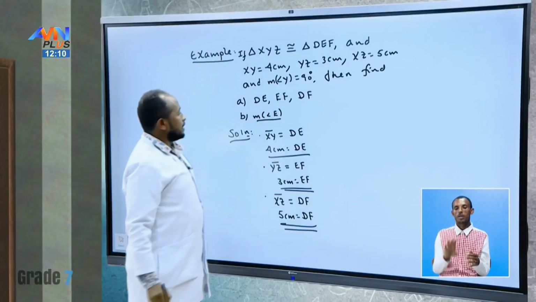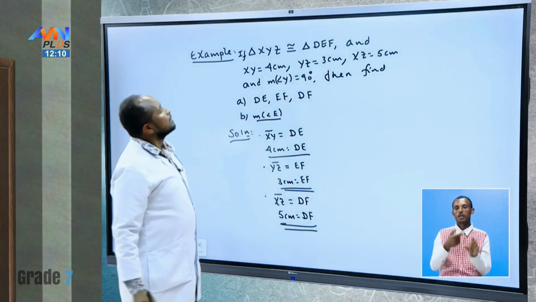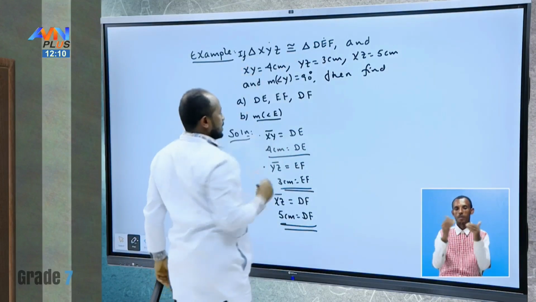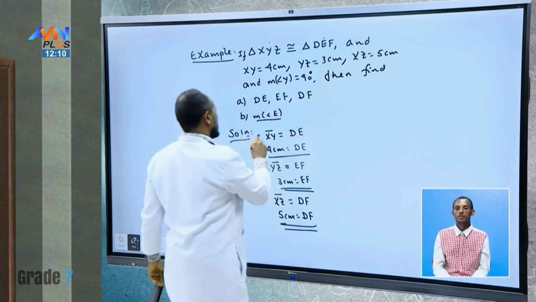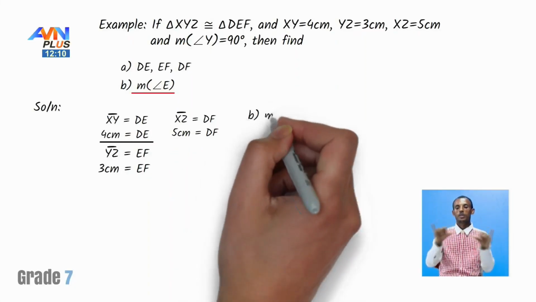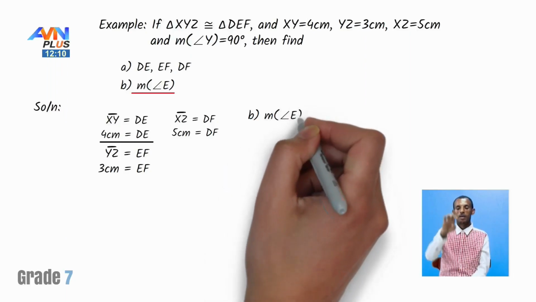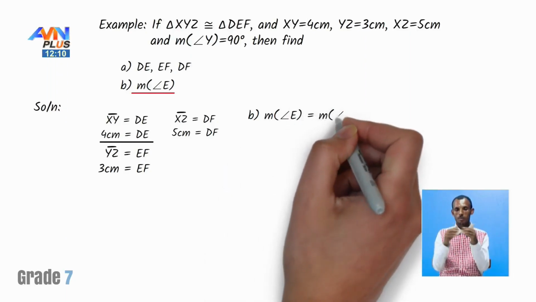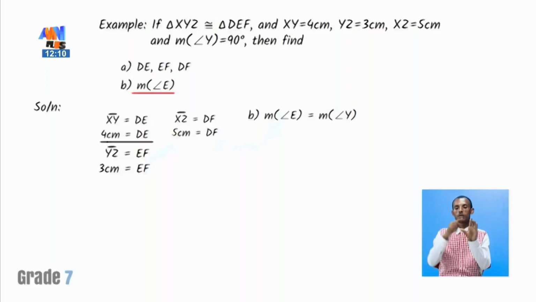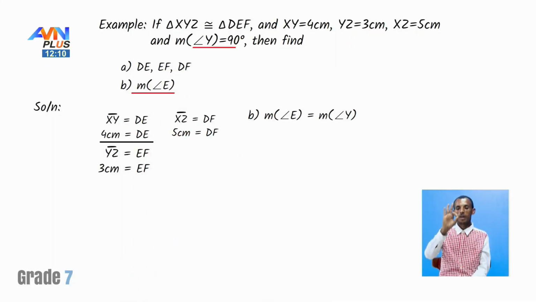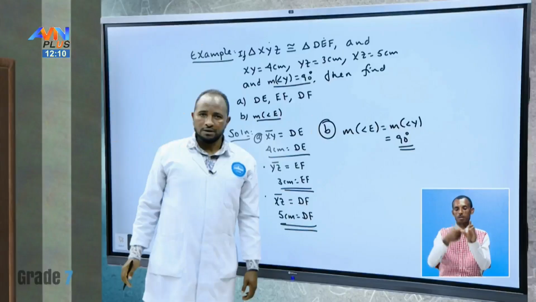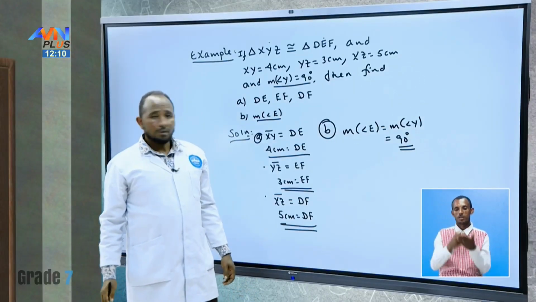We are asked to find measure of angle E. So, measure of angle E is congruent to measure of angle Y. This is question B. Measure of angle Y is given to be 90 degrees. Therefore, measure of angle E is also 90 degrees. That's it. This is all about today's lesson.